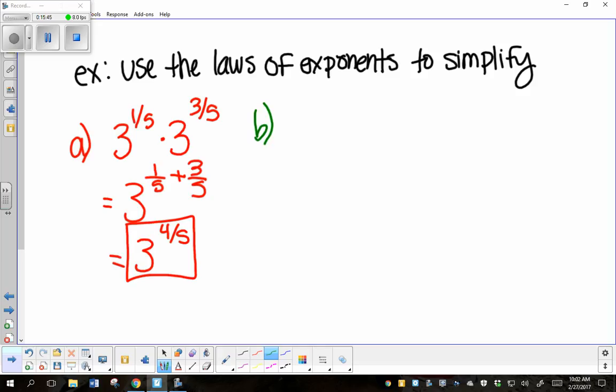All right. Second one, a to the 1/4 over a to the 1/2. So remember, this means divided. So raise your hand and tell me what I should do with those exponents since I'm dividing.